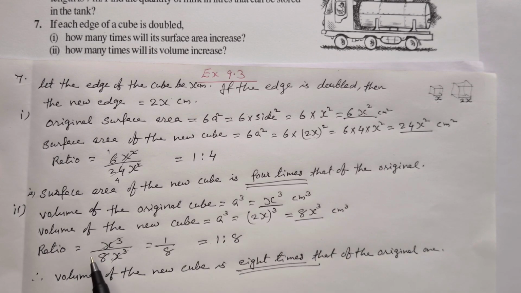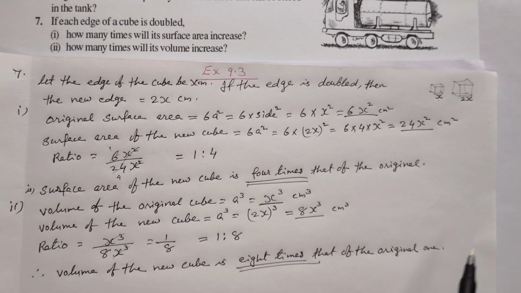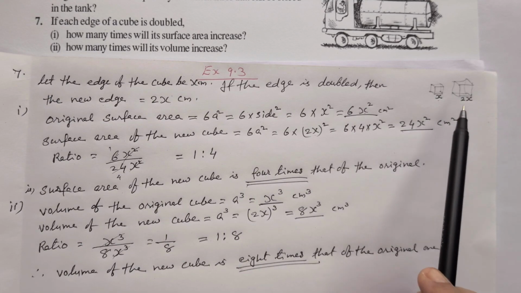Ratio is x cube divided by 8x cube, the x cube cancels, giving 1 is to 8. So the volume of the new cube is 8 times that of the original, and the surface area is 4 times when the side of the cube is doubled.